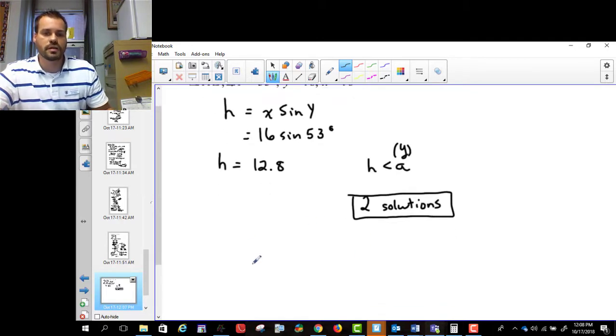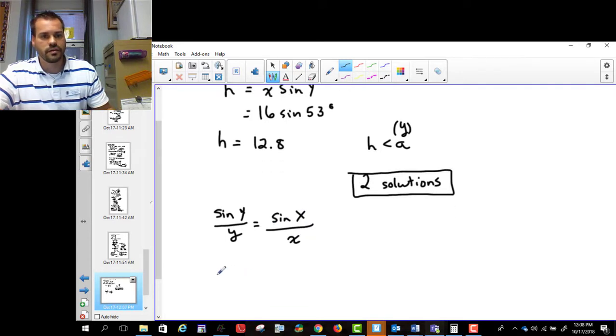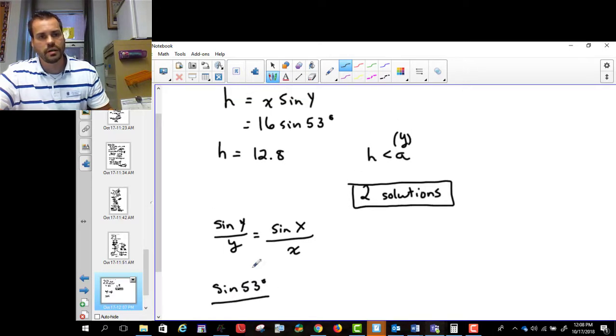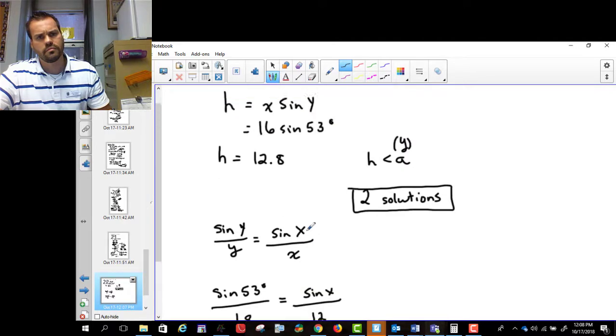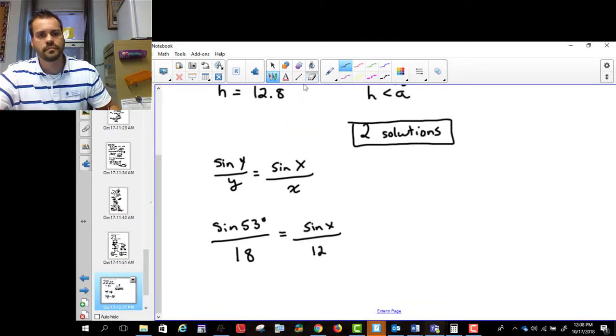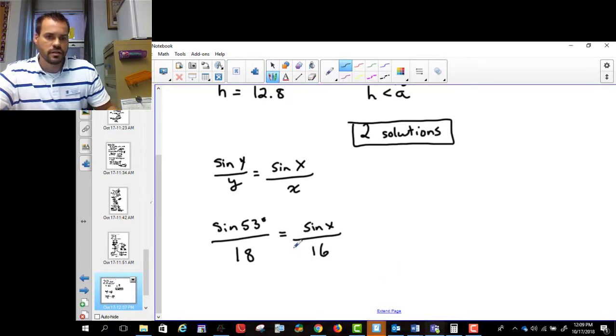So then we have to decide, based on that, are both going to work? And basically what you have to do is go sine Y over y is equal to sine X over x. So sine 53 divided by y, and y is 18, is sine X over 16, sorry, jumping ahead of myself. So then I'm going to bring this 16 up.